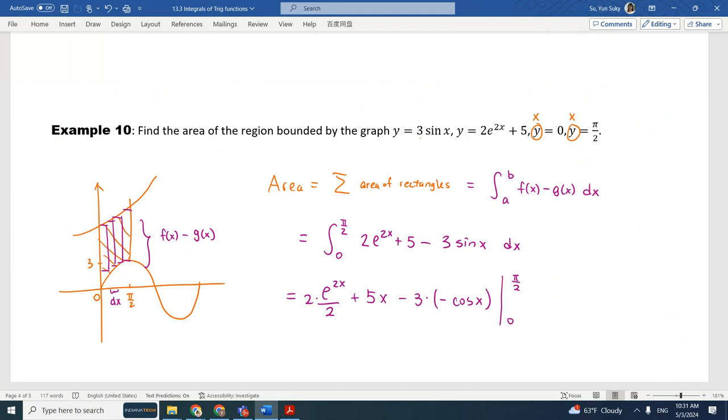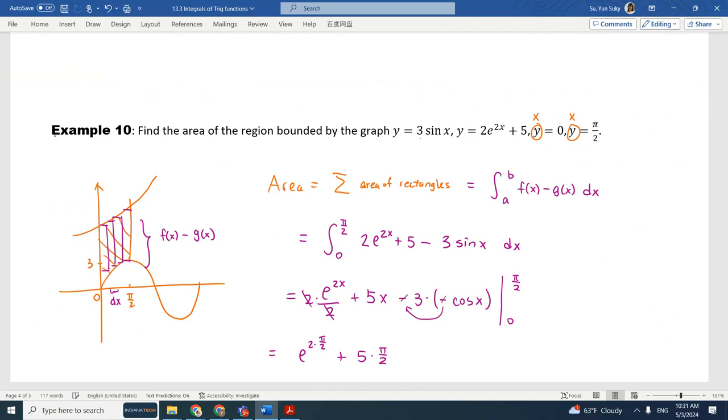Everybody? So make sure each term looks exactly like the formula. If it's something different, which means we need to do more. Maybe if there's a product, you have to distribute. Maybe there's a fraction, you have to split the terms and do some cancellation of the x powers. Okay, now let's see. This means we plug in x is pi over 2 first: e to the pi, minus 5 times pi over 2.